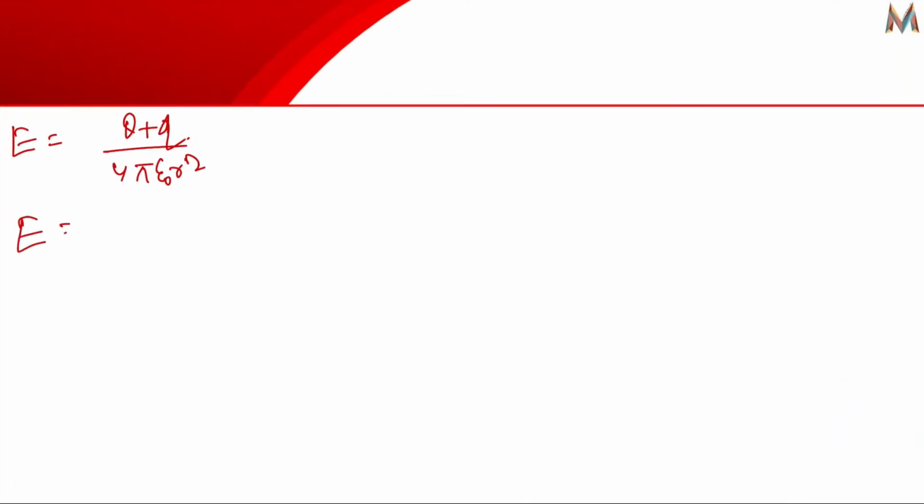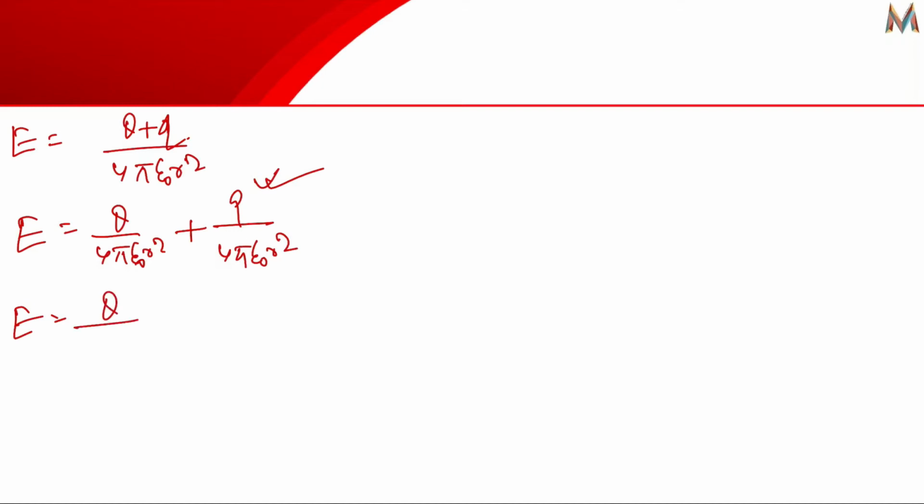So, E will be equal to, if we separate it, Q by 4 pi epsilon naught r square, and again plus q by 4 pi epsilon naught r square. Let us put the value of this q as we have calculated by integrating.